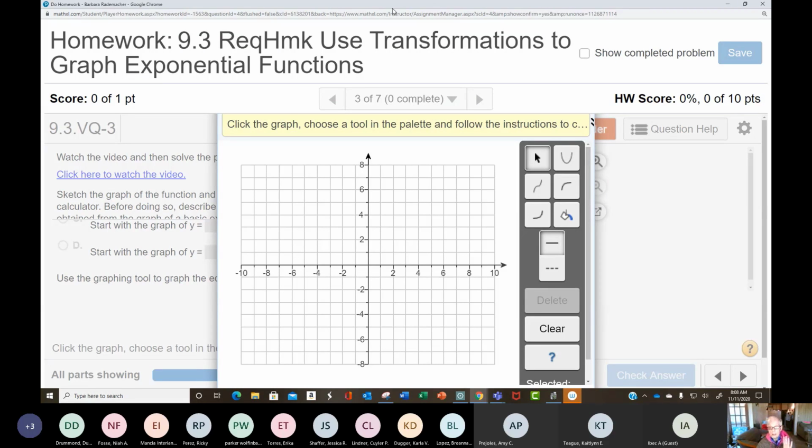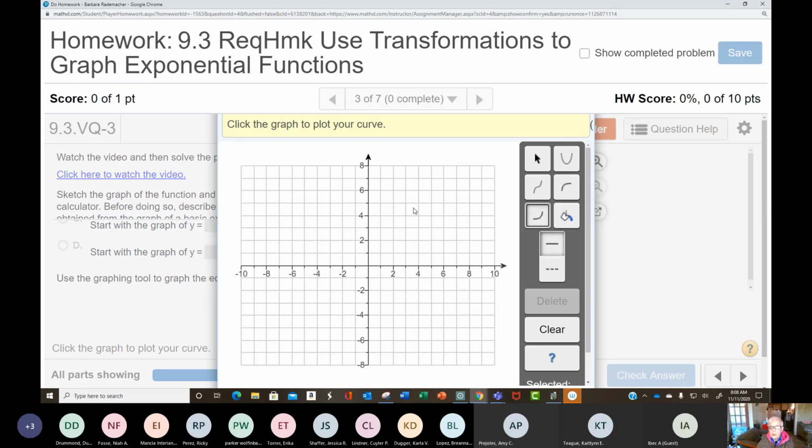Well, for the moment, the first thing I have to do is choose the tool in the palette. Well, exponential functions, and this is an exponential function. Exponential functions, their icon looks like this. So I'm going to click here.